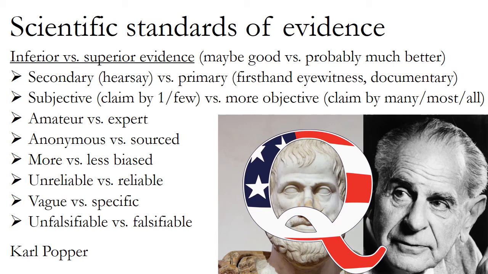It's like whoever constructed the Q concept had this list and decided to violate every one of them, right? It is based on secondary, subjective, amateur, anonymous, highly biased, historically unreliable, vague, and often unfalsifiable allegations.